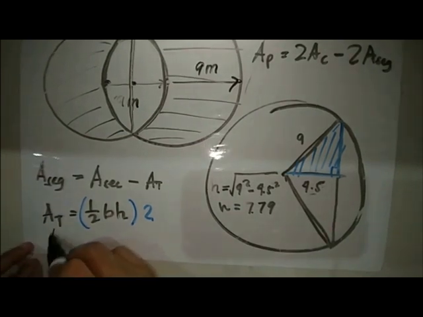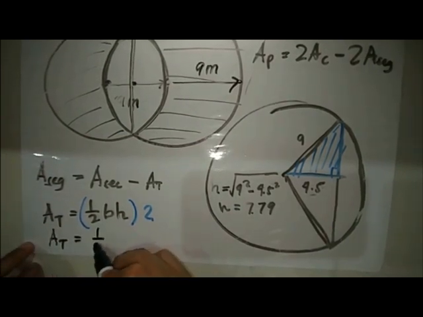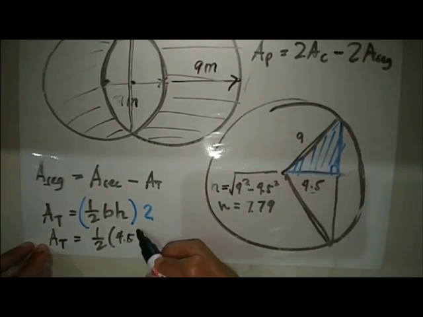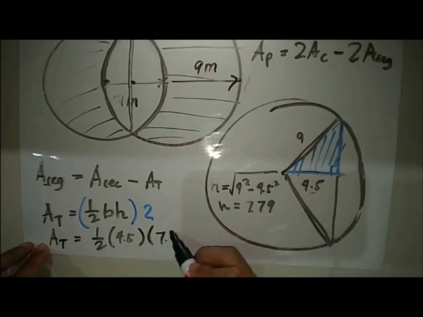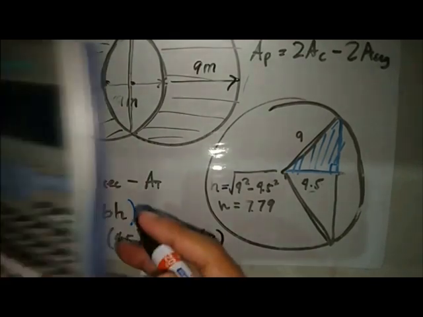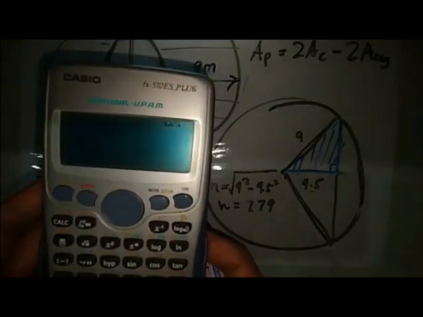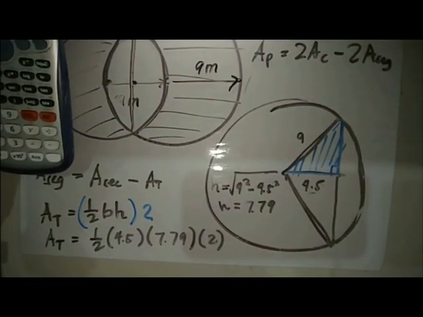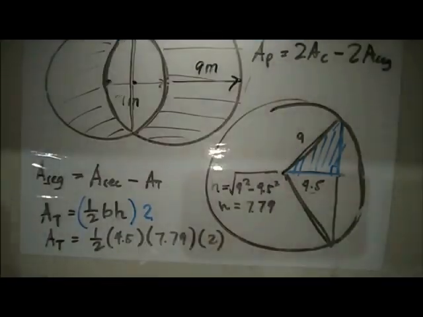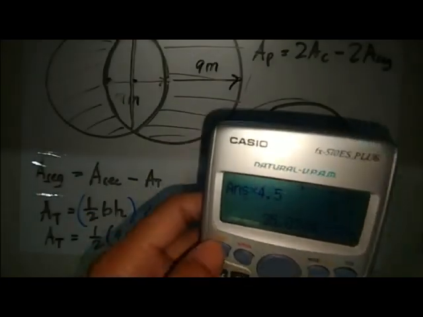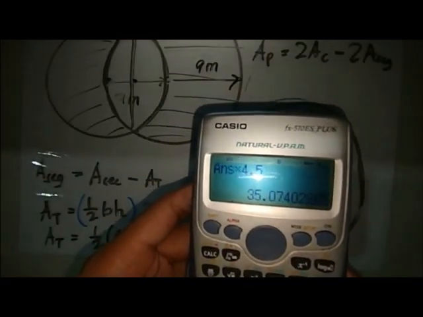So, area ng triangle equals 1/2 base, base is 4.5, times height na 7.79, times 2. 2 times 1/2 cancel na, so times 4.5 na lang. You have 35.07. Yun ang area ng triangle. I-shift store natin para hindi makalimutan, as A.